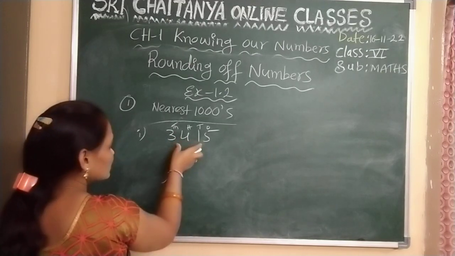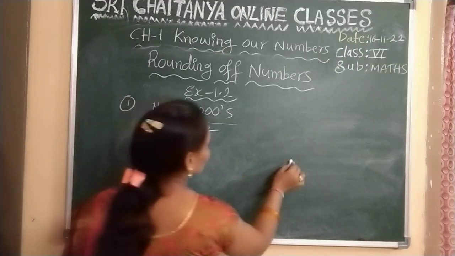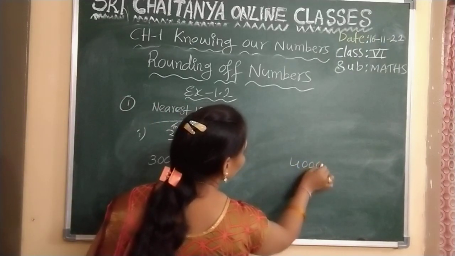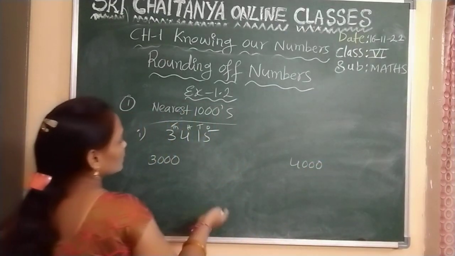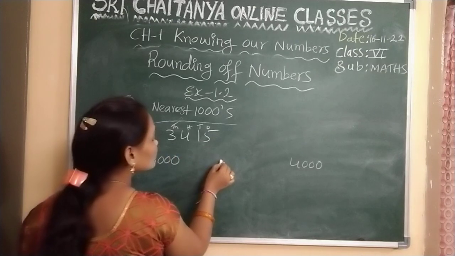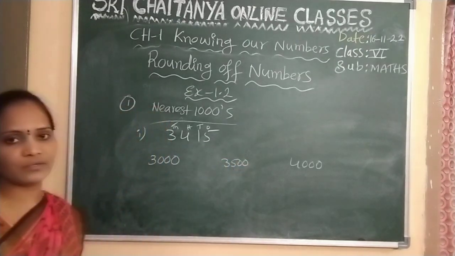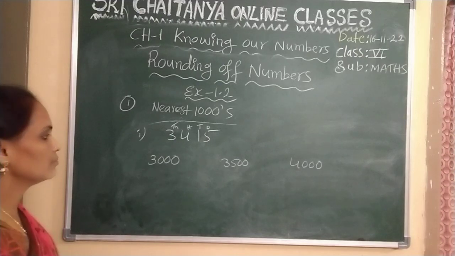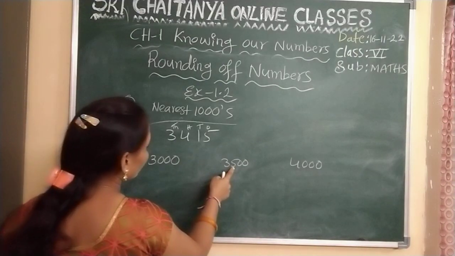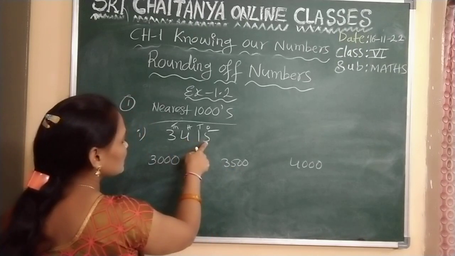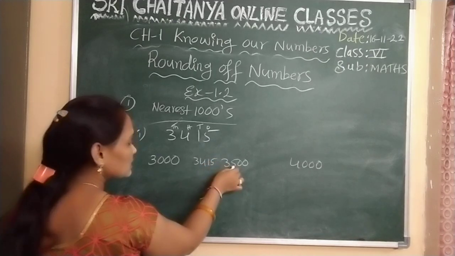This number 3,415 lies between 3,000 and 4,000. We are talking about thousands now. So 3,500 is exactly the middle number. Now 415 is less than 500, so 3,415 is less.